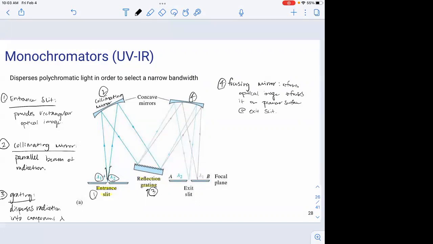The idea here is that we are focusing this light into a single optical image. All right. The last is, of course, the exit slit.